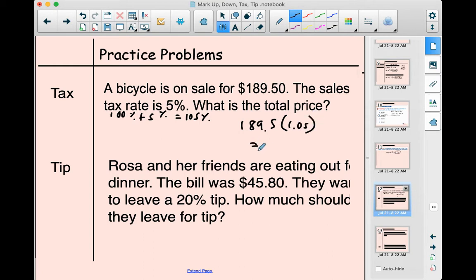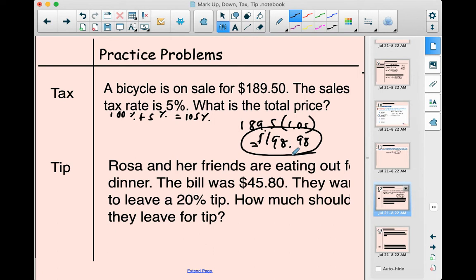Let's see what that gives me. 189.5 times 1.05 is 198.98 to the nearest cent. Okay, so that's what it would be with tax.